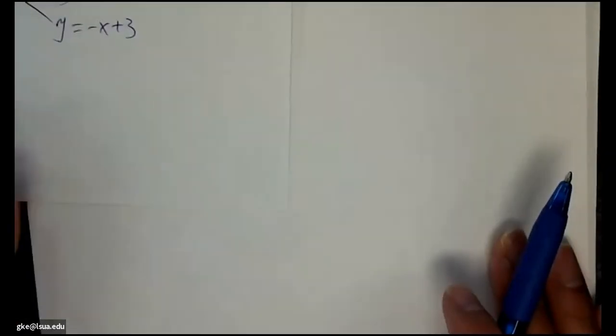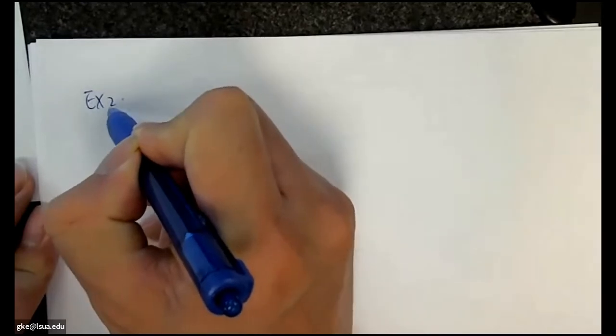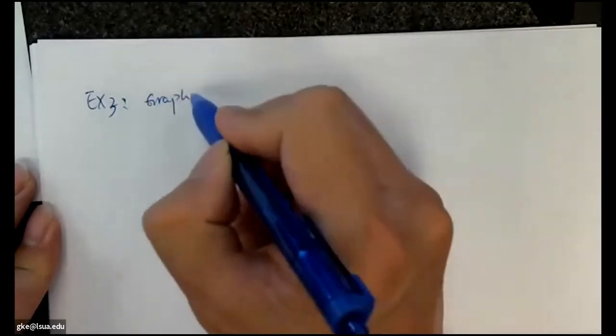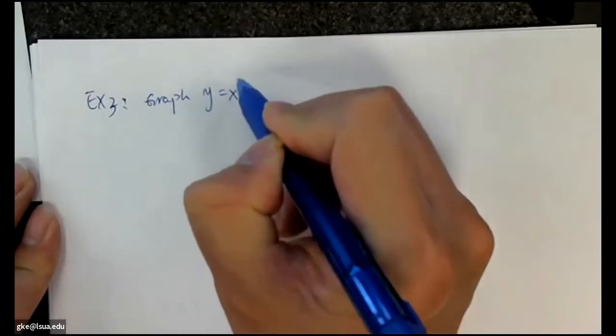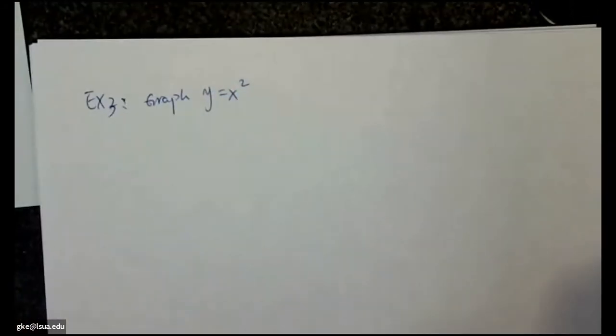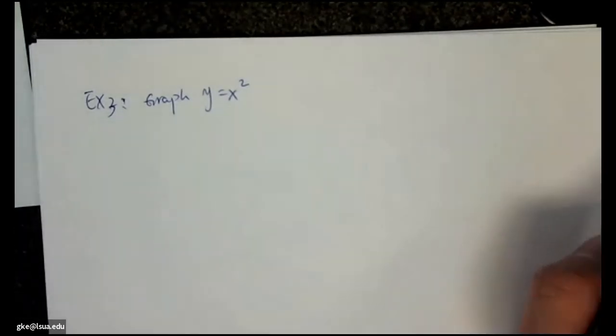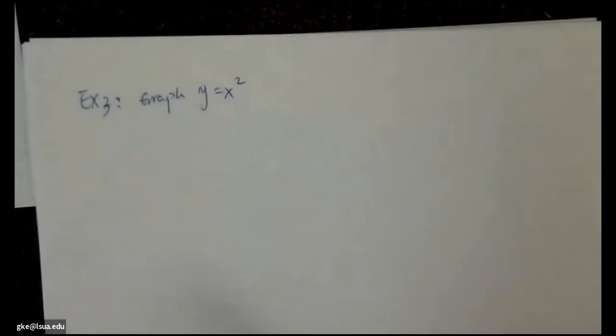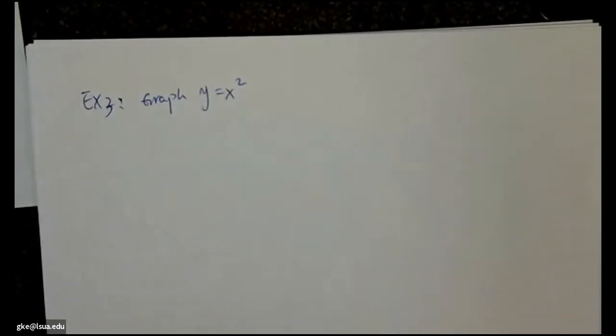Okay. For example, I want you guys to draw the graph like that. Graph y equals x squared. How to draw this graph is very clear: here is x squared. That's a quadratic function. Later you're going to learn the properties of quadratic functions.